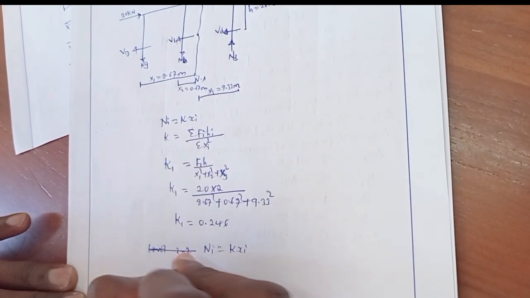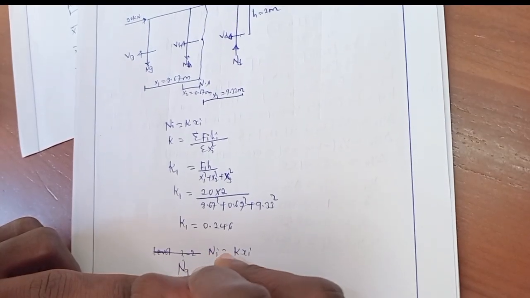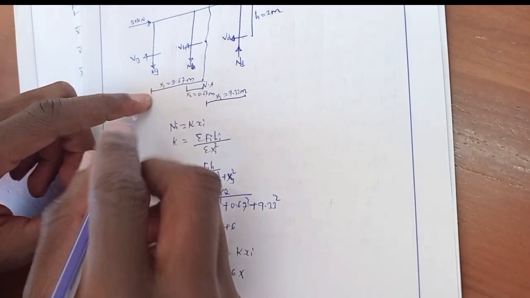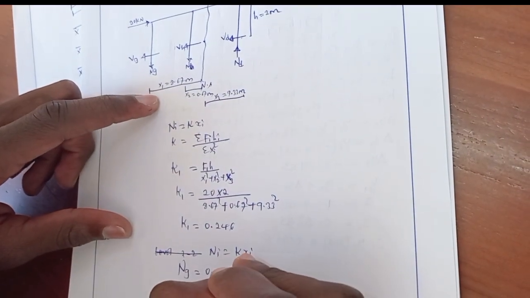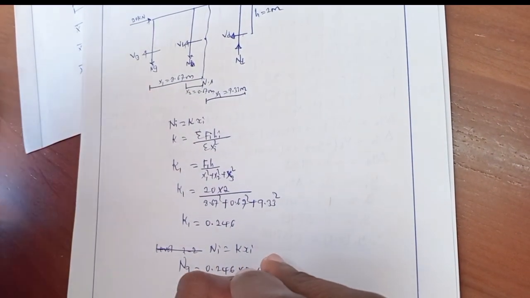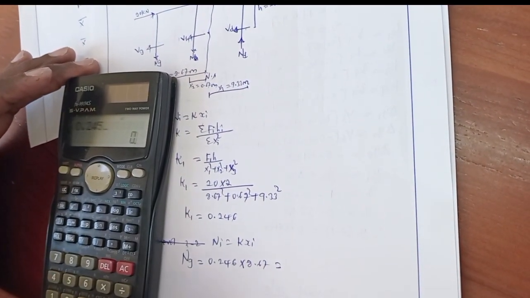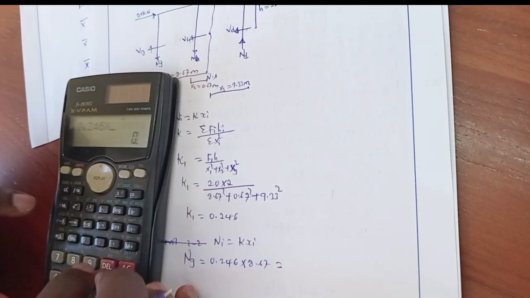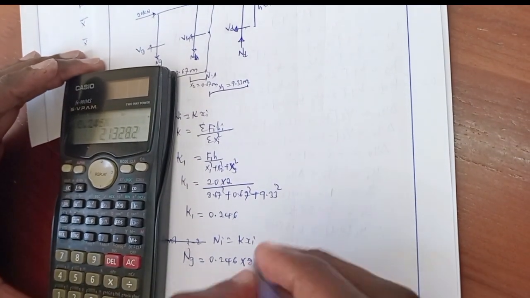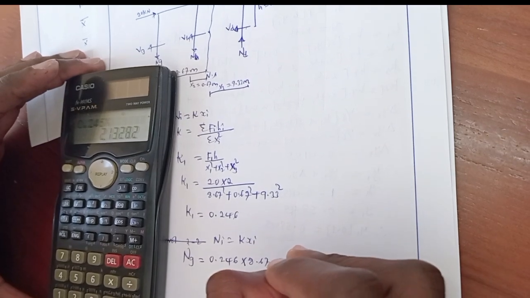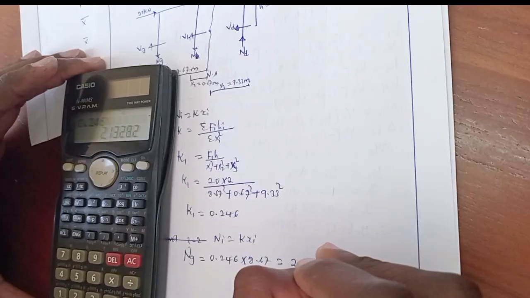Therefore, NG will be K, which is 0.246, times x1 from this point to this point, which is 8.67. It will be equal to 2.13 kilonewton.